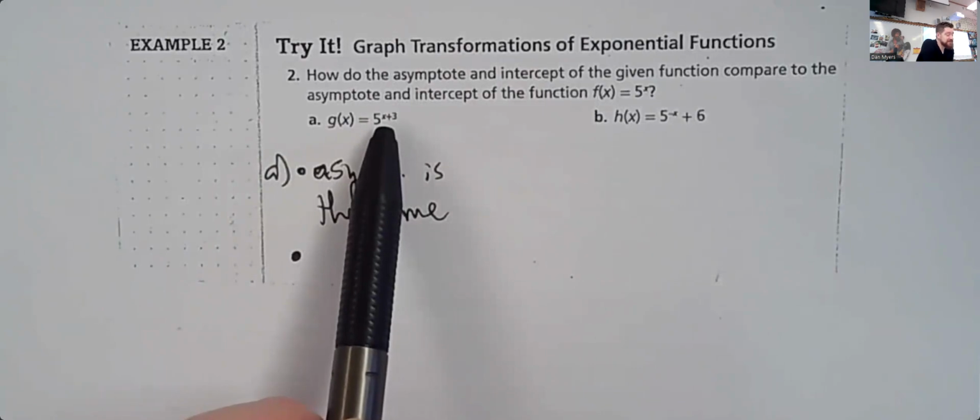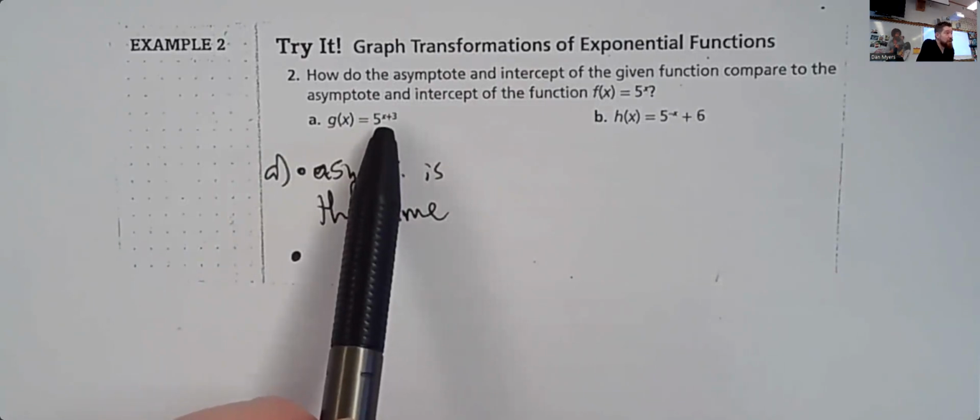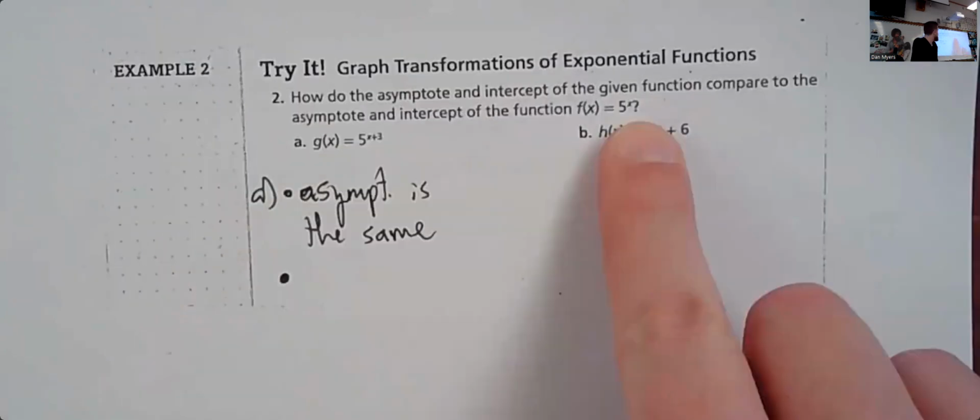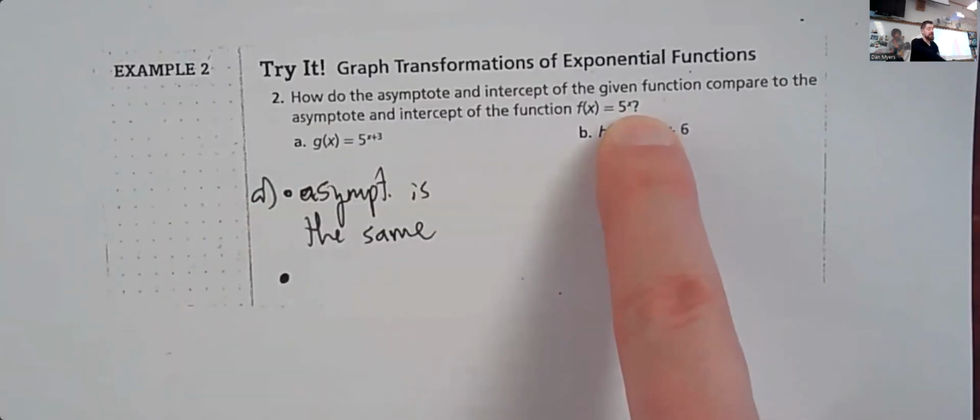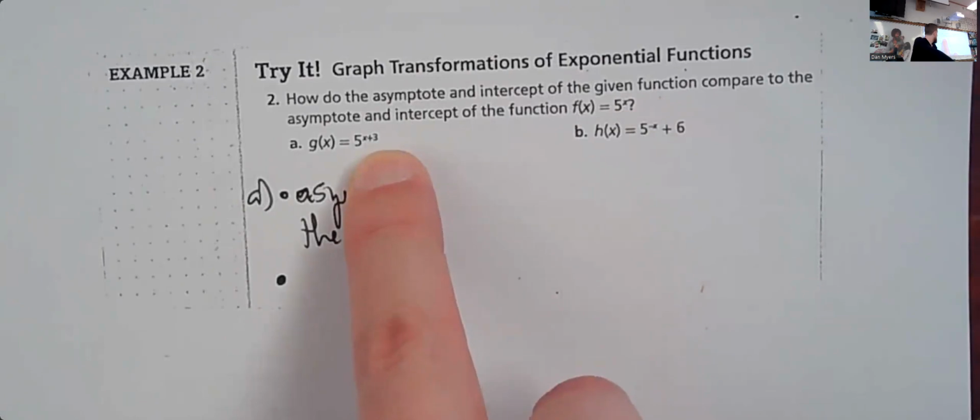So the y-intercept used to be 1 because that's when x was 0. Still, it's the same thing when x is 0. So previously, if x is 0 here, 5 to the 0 power is 1. It's still going to be when x is 0, but now it's 0 plus 3, which is 3, which is 5 to the 3rd power.